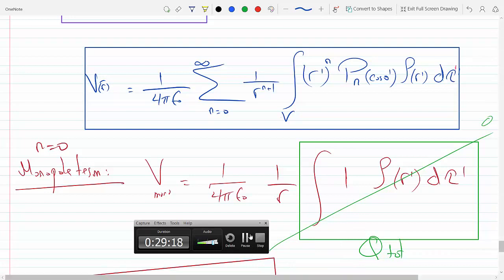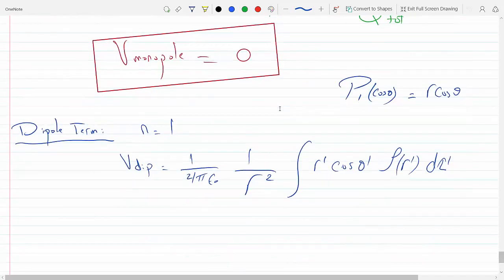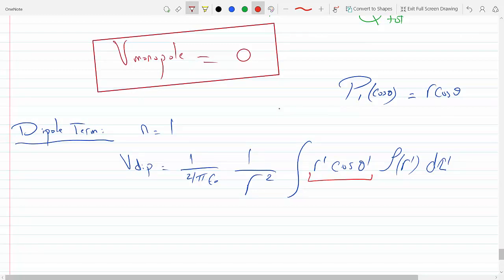So you know what to do next, Ben? Here we could use a little bit of substitution so we don't have to repeat what we did again, because we know that theta prime is the angle between r prime and r, just like we indicated on the previous problem.